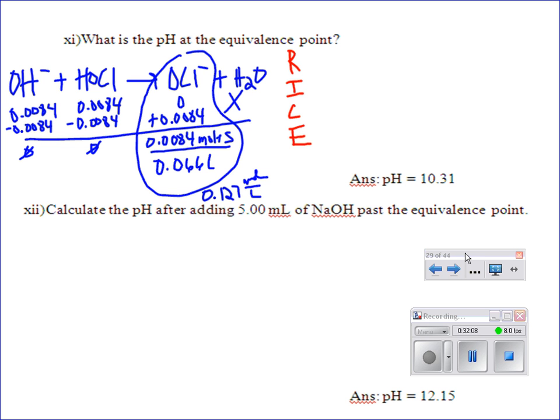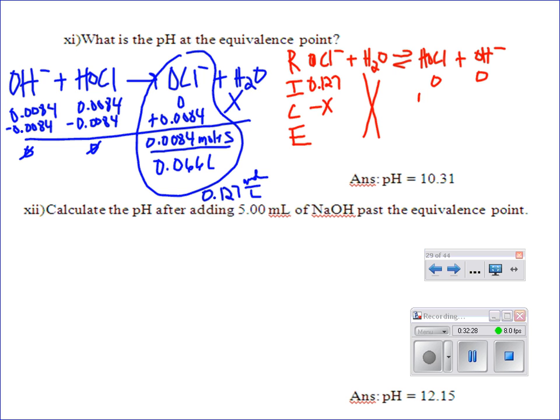Anyway, I enjoyed that. All right, so we're going to take A minus and put it through hydrolysis. So we're going to add it to water, and we are going to create HA and OH minus. Our original concentration is 0.127, minus X, plus X, plus X. 0.127 minus X, X, and X. We can drop it because it's negligible.